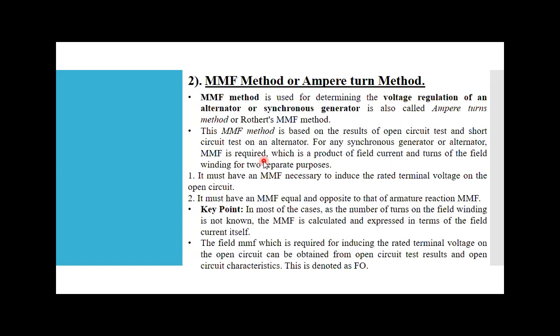So the rating of the alternator as well as the transformer is in terms of kVA or MVA. It is not in terms of watt. Suppose you are going to purchase a load. If you are taking a fan, it is 60 watt. If you go to the market to purchase a LED or a CFL, you ask, give me a 40 watt light, give me a 16 watt LED, give me a 20 watt LED.